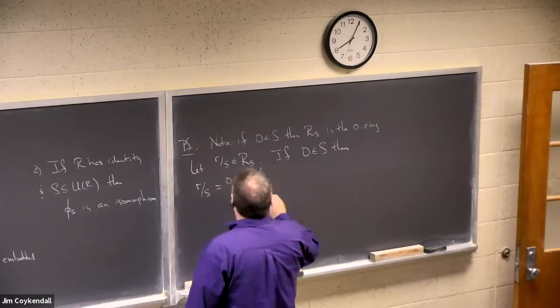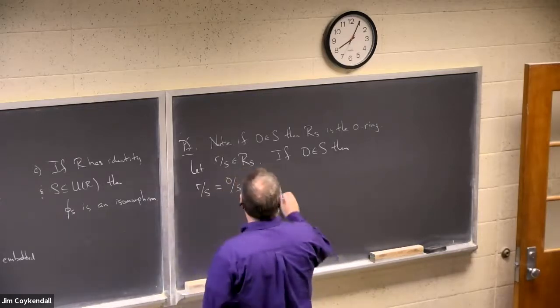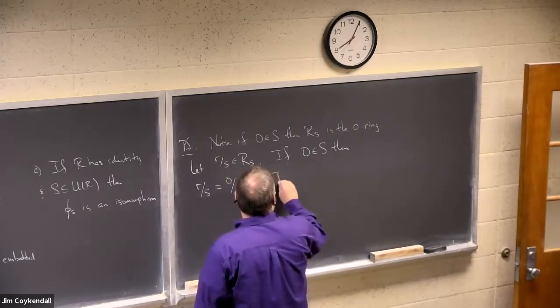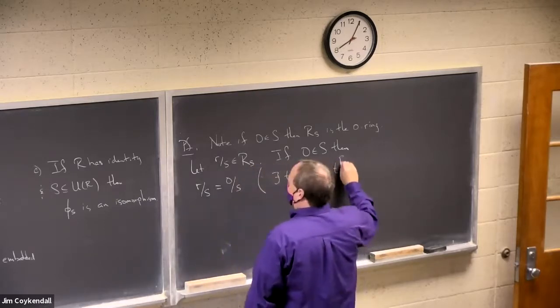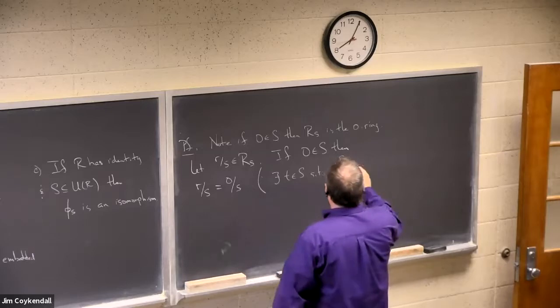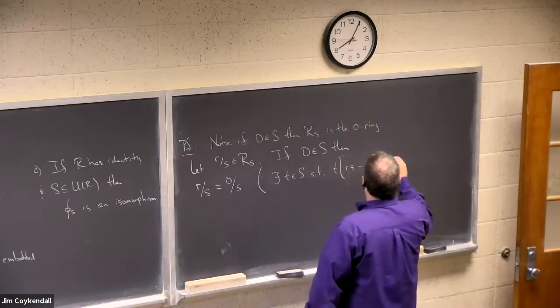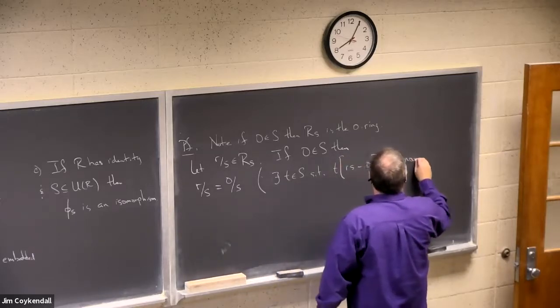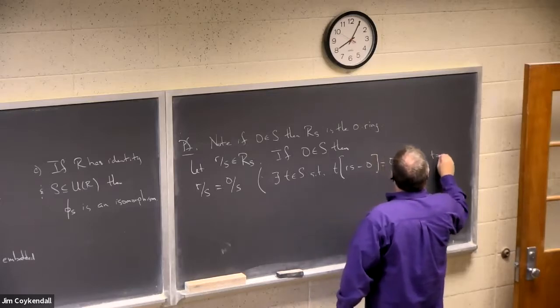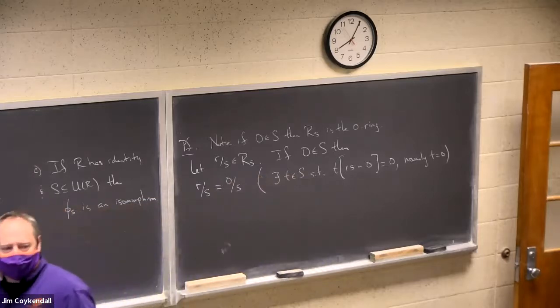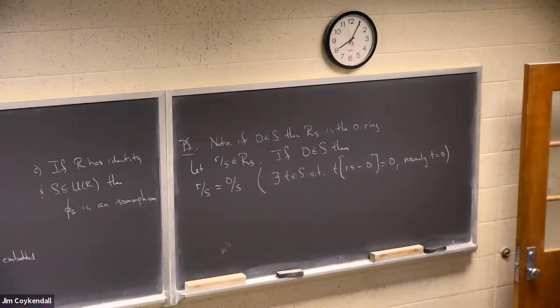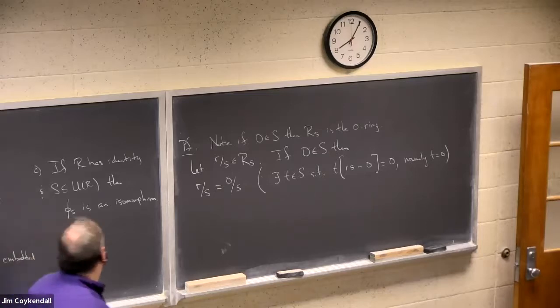And the reason for this is, of course, there is this T in S, such that T times (r/s minus 0) equals 0. Namely, T equals 0. All right, so if you allow 0 in your set of denominators, then you just get the 0 ring.